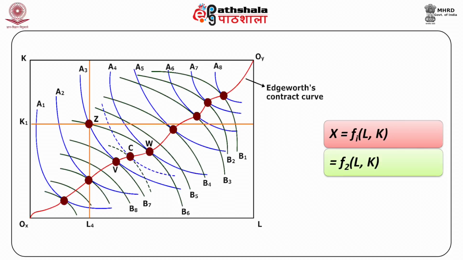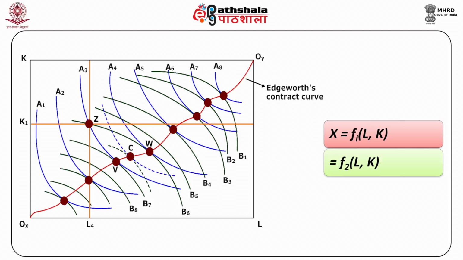It is when the marginal rate of technical substitution between K and L are equal, only then can we say that there is an optimization.